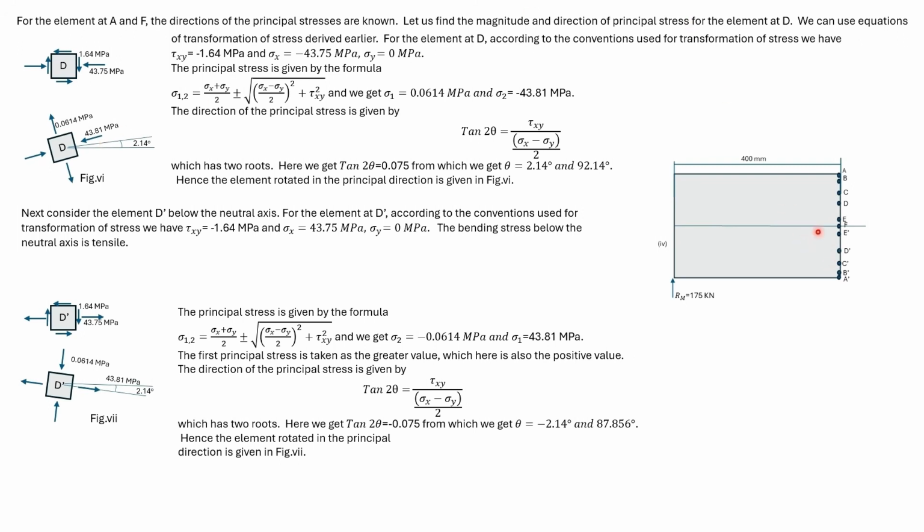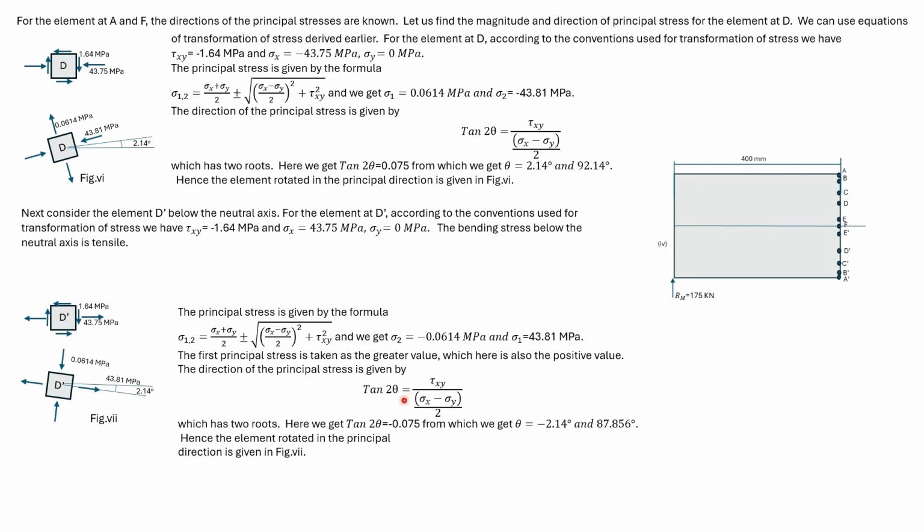Now consider the point D dash. The stresses acting on the point D dash are shown. Shear stress is still in the same direction, but the direction of the bending stress has changed. So we get these values. Substituting in the formula for principal stress, we get sigma 1 and sigma 2.